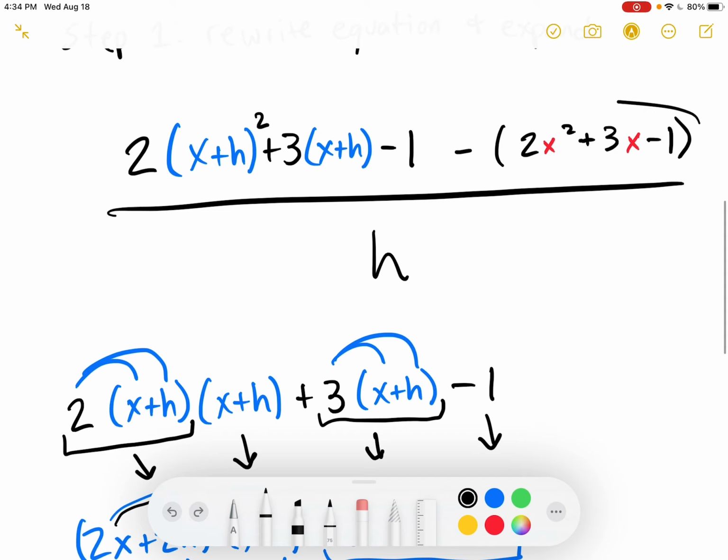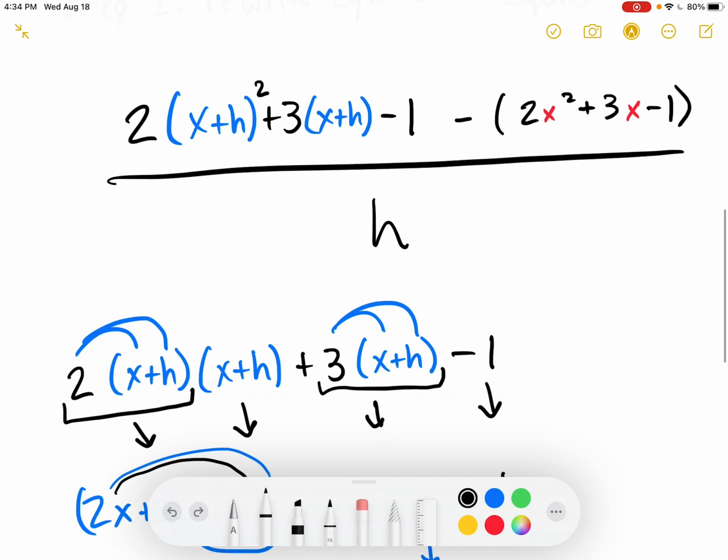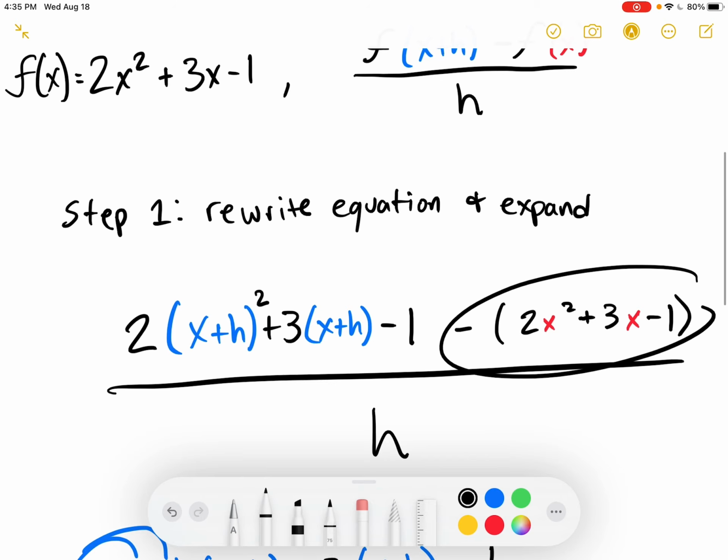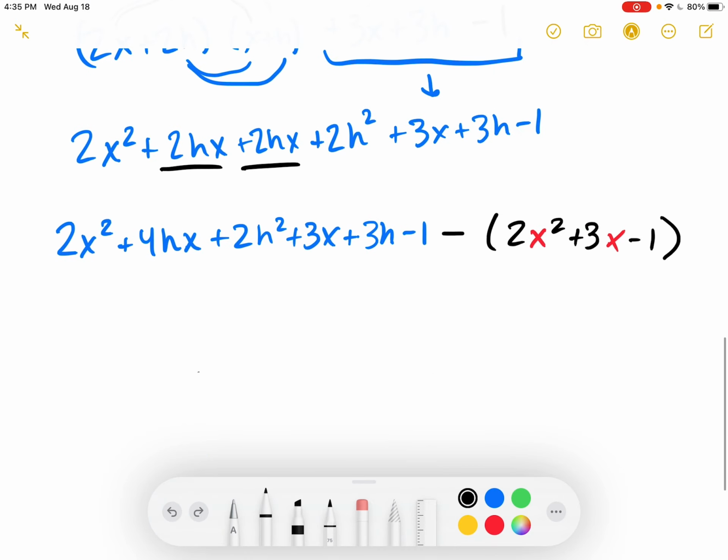All right, so now I need to add the rest of it. So minus our function over h, right? So minus, and I'm going to put parentheses around the 2x squared plus 3x minus 1, right? Because we're subtracting this from it, and all of this goes over h.